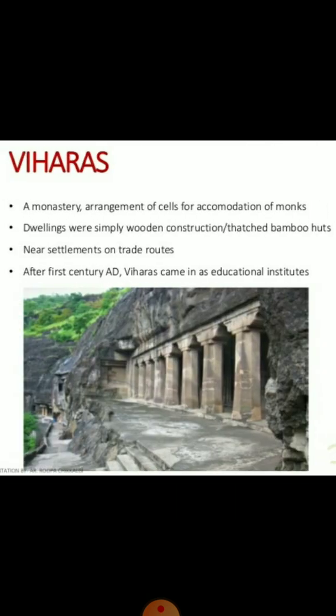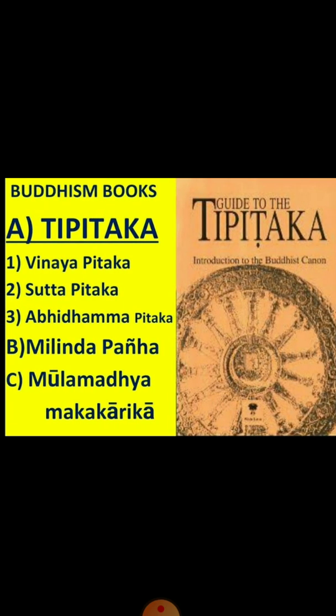In the viharas, the monks and nuns probably had discussions and studied or recorded the teachings of the Buddha in the sacred books called Pitakas. They may have helped in making the wall paintings.